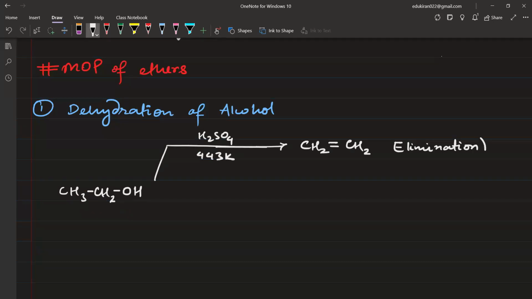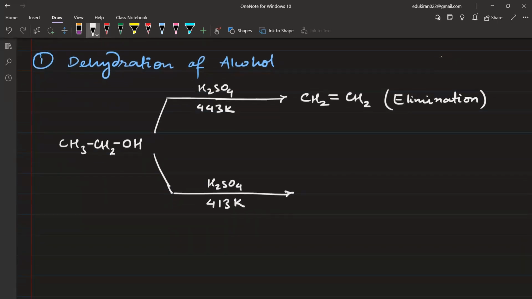This is something that we have seen previously in the chapter when we were dealing with the chemical reactions of alcohol. Another dehydration can occur with H2SO4 at lower temperature. The temperature given in the books is 413 Kelvin. Please don't write anything, please listen, because I'm going to change a few things. Now, when we react this with H2SO4 at 413 Kelvin, then we get CH3, CH2, O as it is.